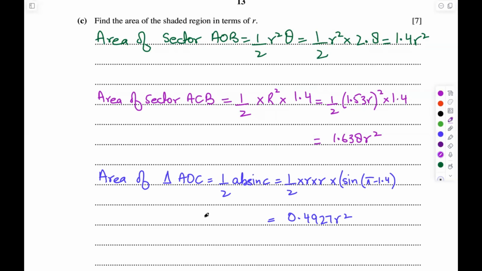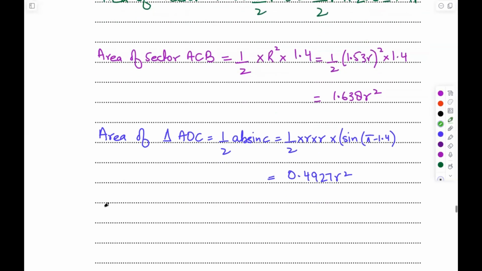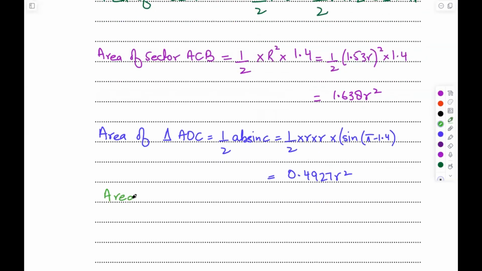And as there are two triangles, we'll multiply this answer by 2. So the area of two triangles will be 2 multiplied by 0.4927 r squared, and multiplying this answer by 2, we'll get 0.985. So this will become 0.985 r squared.